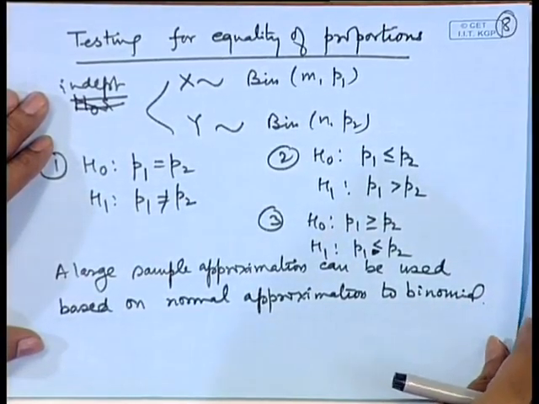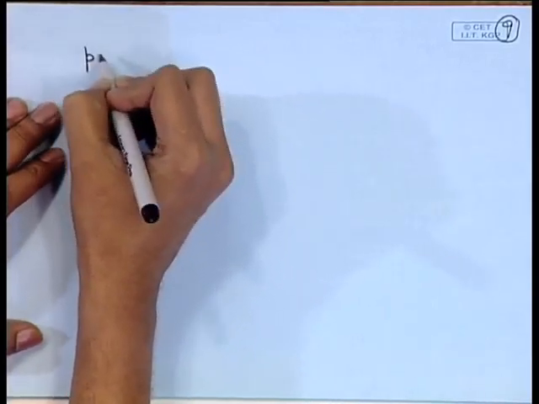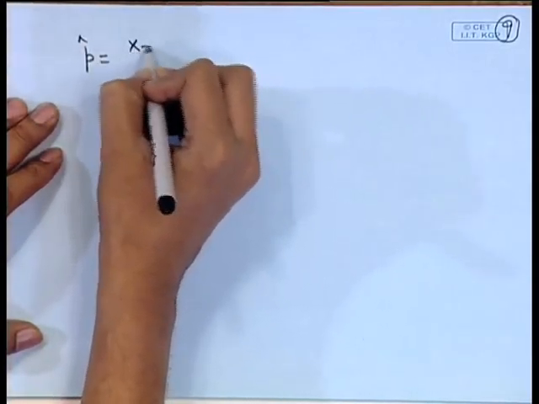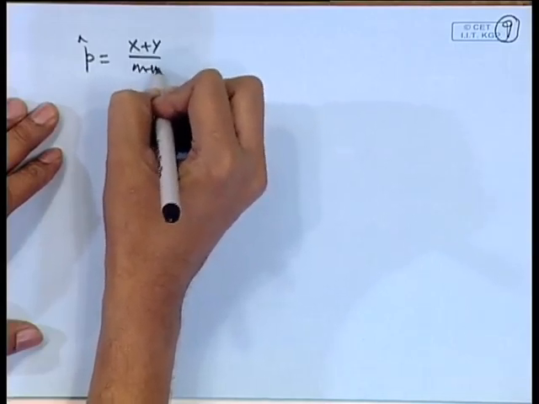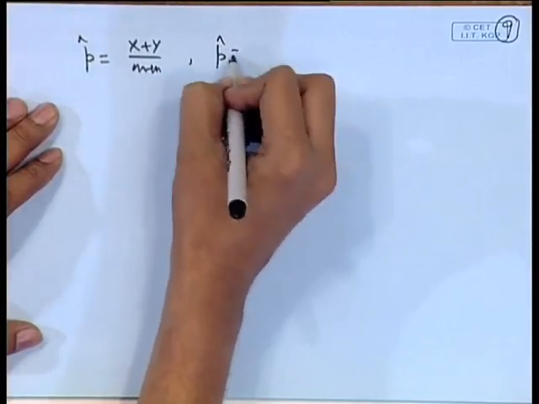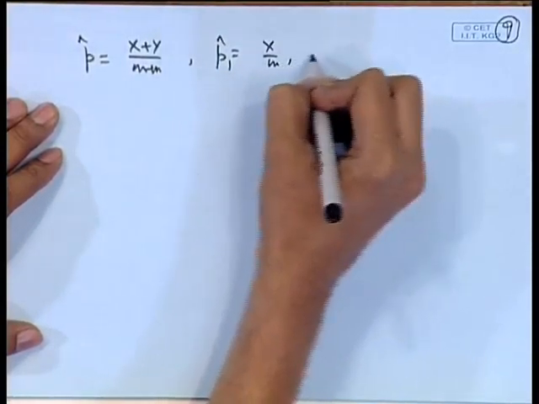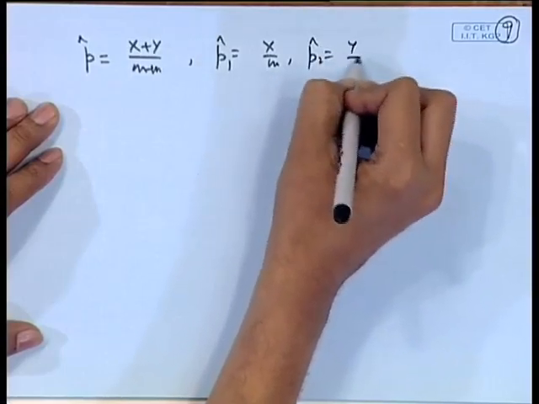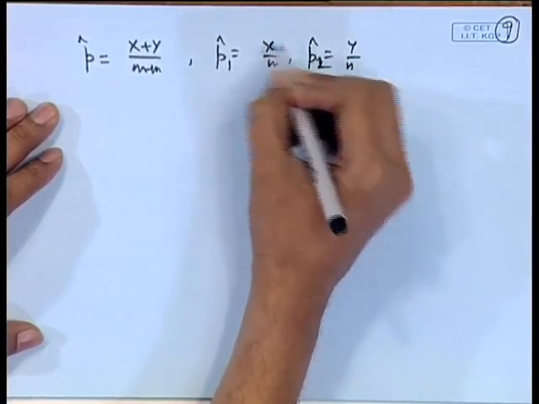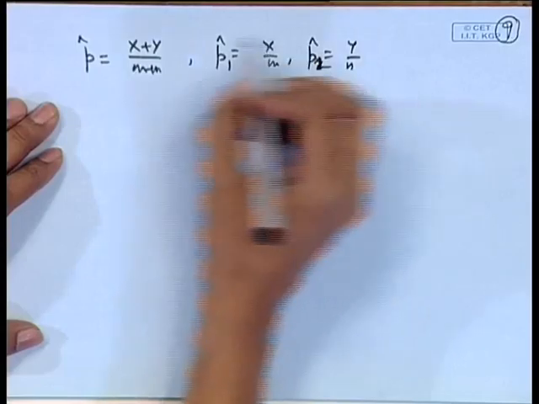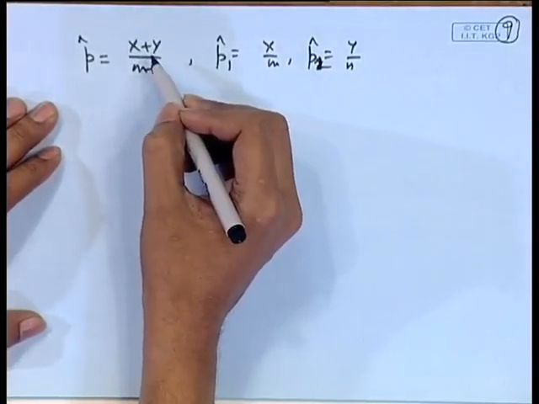So, we may calculate here p hat as x plus y by m plus n, p 1 hat is equal to x by m, p 2 hat is equal to y by n. So, this is the first proportion, this is the second proportion, sample proportion, this is the pooled proportion.